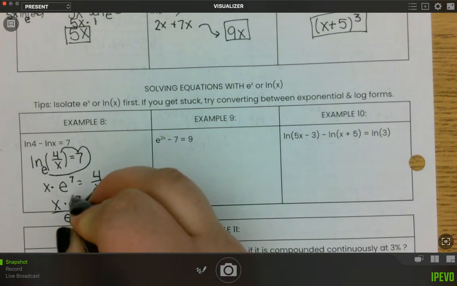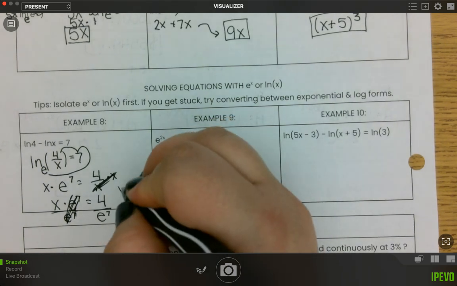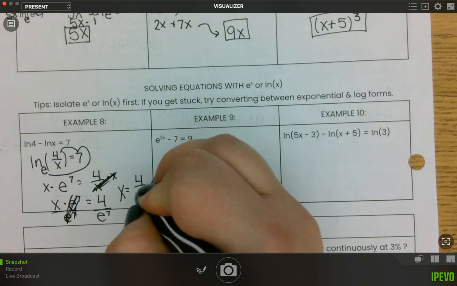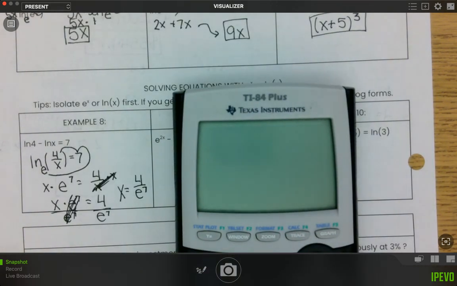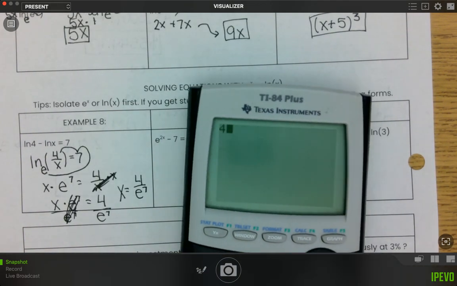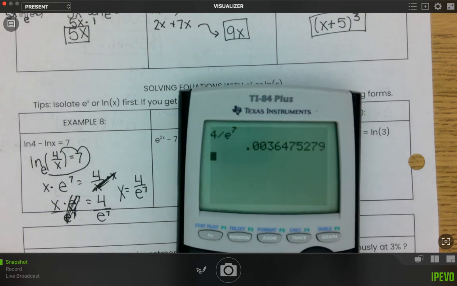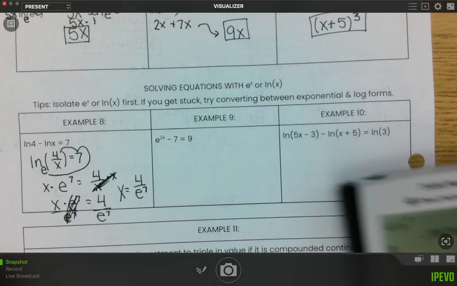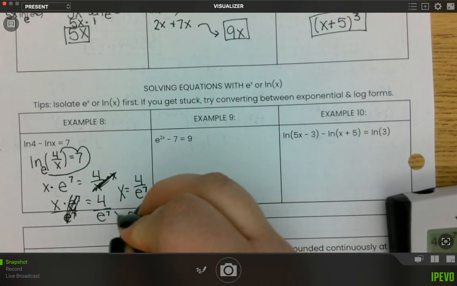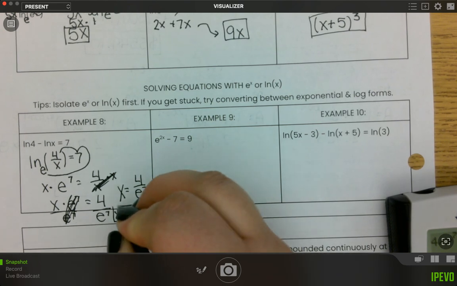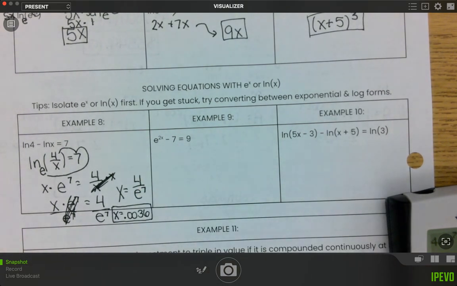So essentially, x equals 4 over e to the 7th power, which is 4 divided by e to the power of 7, about .0036. And you'll see a lot of decimals in this section because of the e.